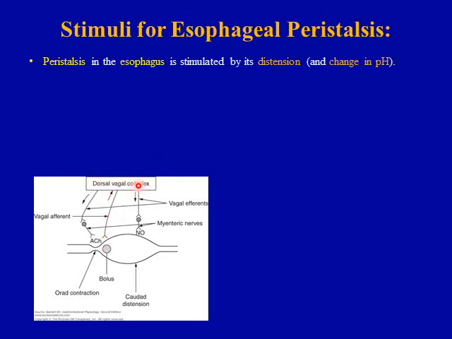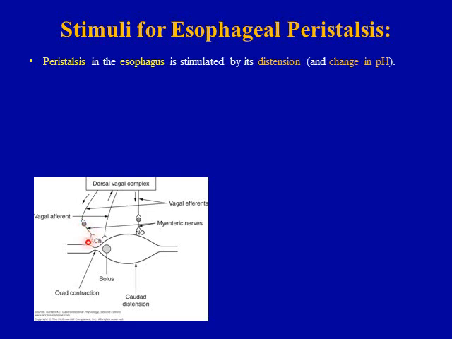From the dorsal vagal complex, efferents, or visceral motor or parasympathetic fibers, will run down the vagus nerve to the alimentary canal, or to the esophagus in this example, and these vagal efferents will synapse with enteric neurons.